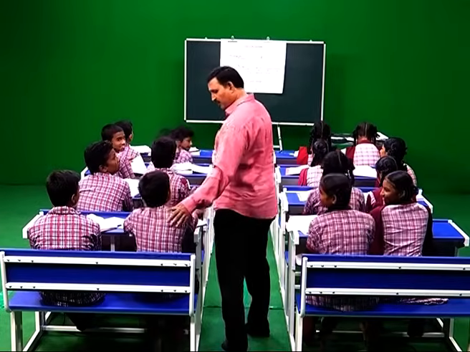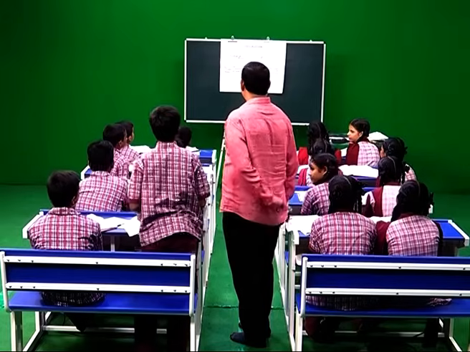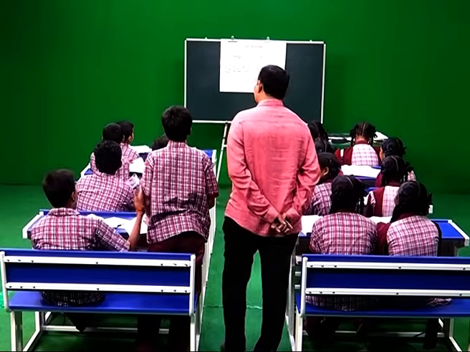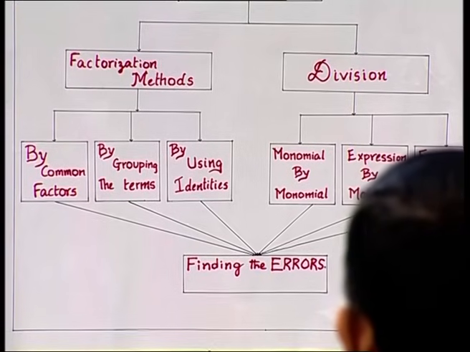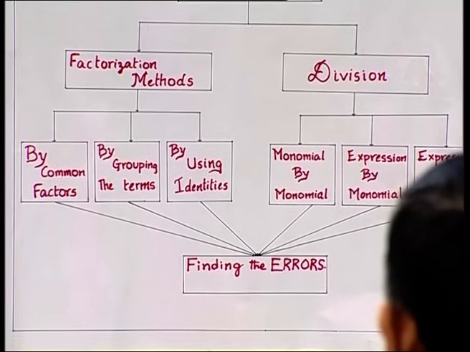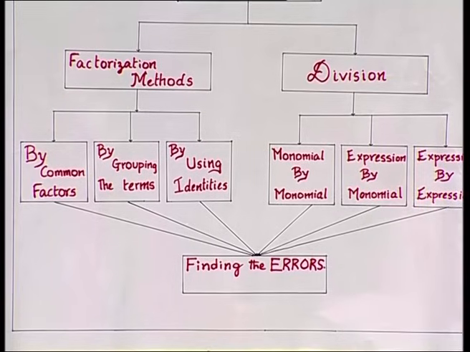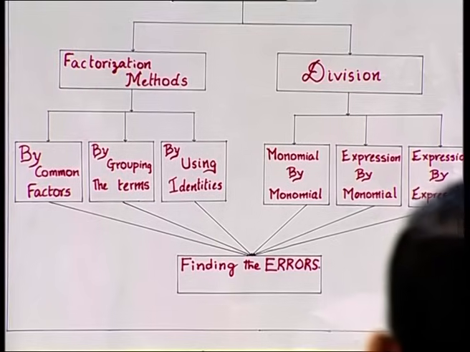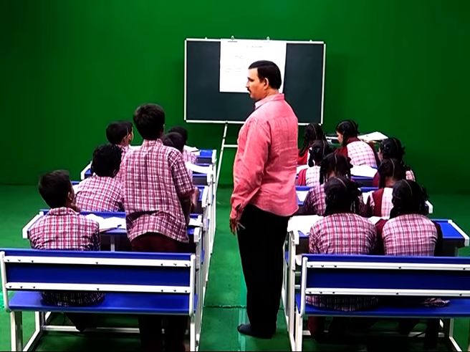You read it. Factorization methods: by common factors, by grouping the terms, by using identities. Division: monomial by monomial, expression by monomial, expression by expression, finding the errors.